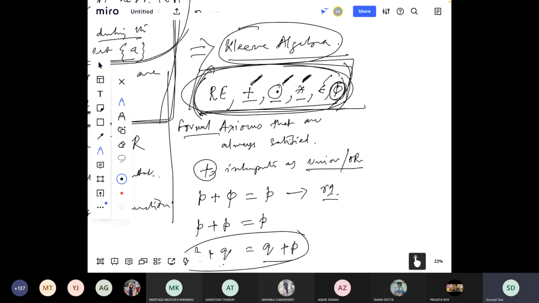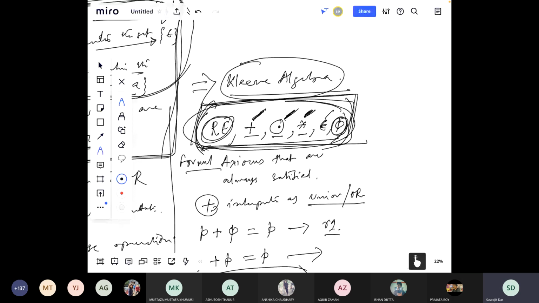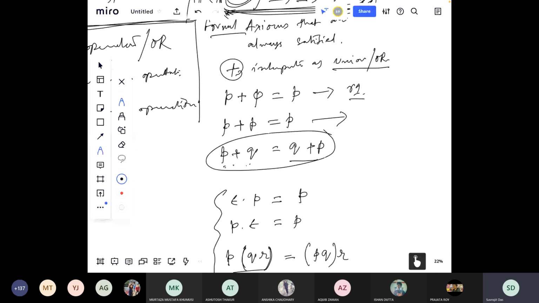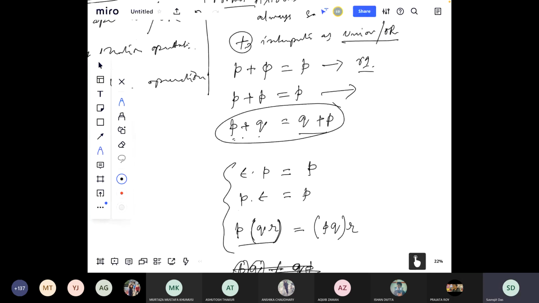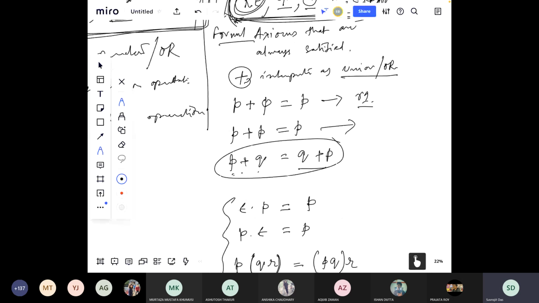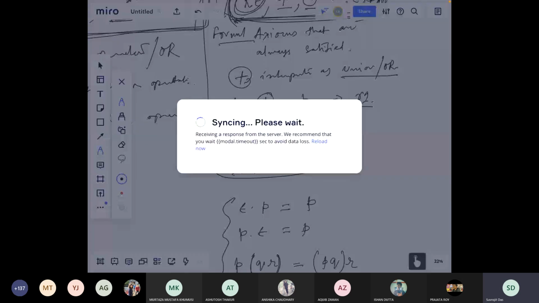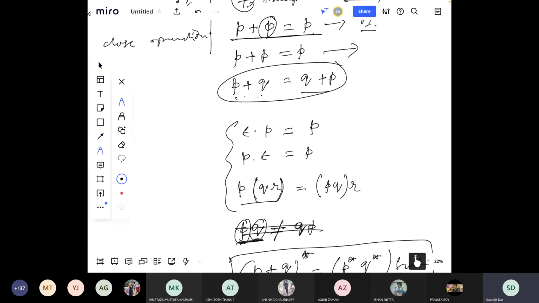The regular expression is a complete algebra over plus, dot, star, with epsilon and phi as base elements. Here phi is the base element in the case of ORing, and in the case of concatenation, epsilon is that element.